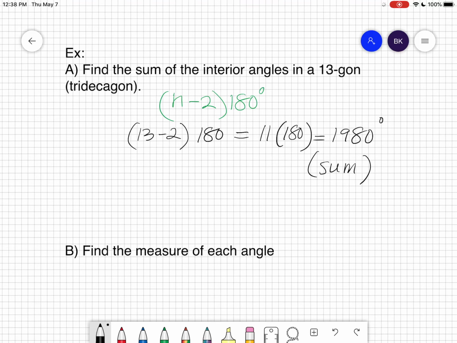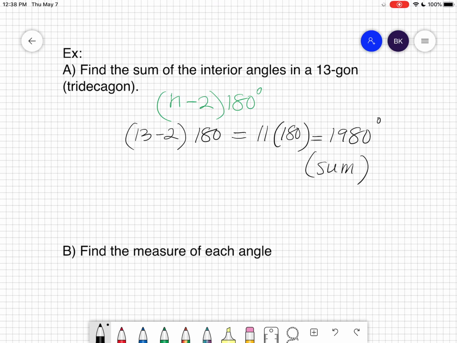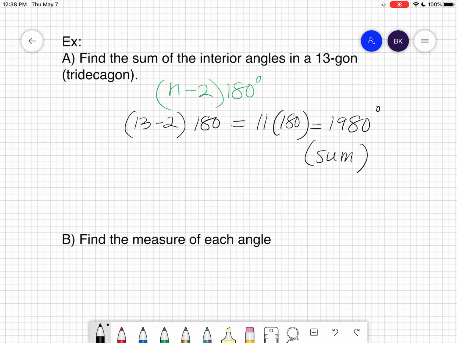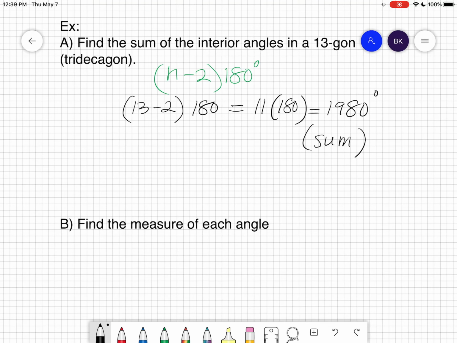Okay, so now how would I find the measure of each angle? Remember, in the regular polygon, each angle has the same measure, so that would be easier to find, right? So let's take a look. Because I have 13 sides in this polygon, that means I will have 13 angles.